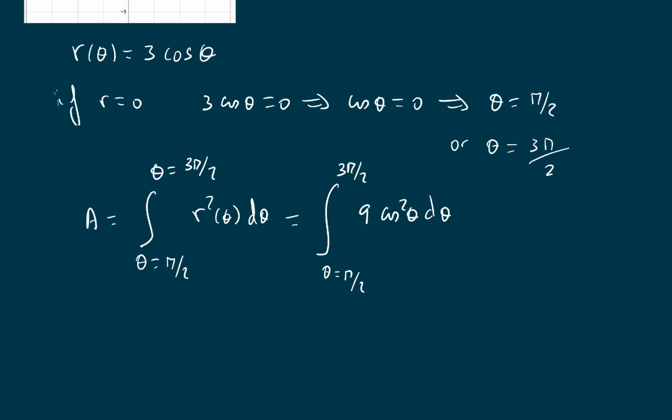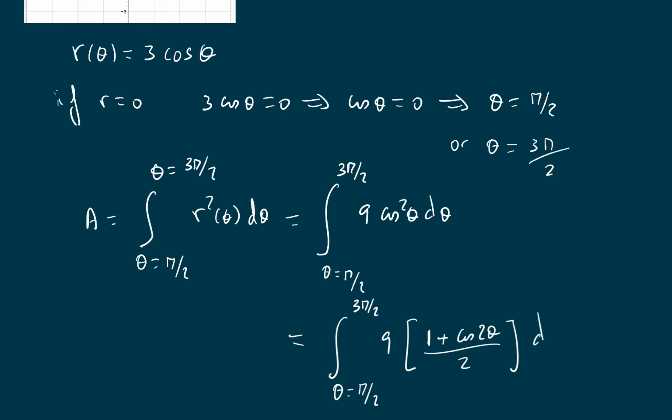And using the identity for cosine squared of theta, instead of writing cosine squared of theta, I will write (1 plus cosine of 2 theta) divided by 2. This is the trick to solve this integral.